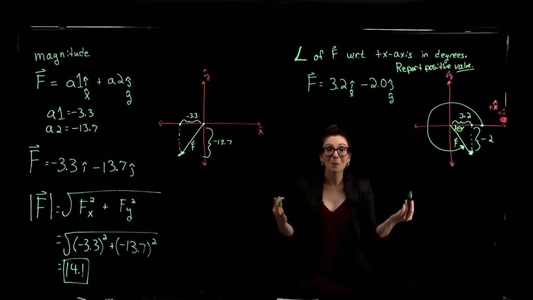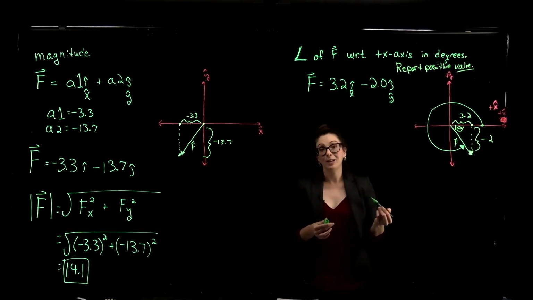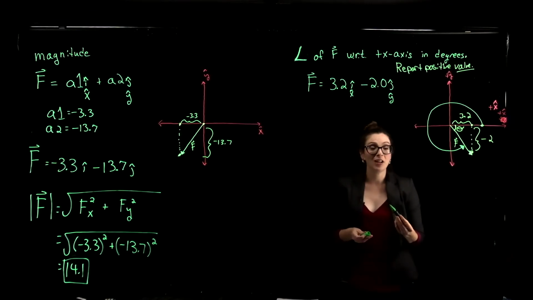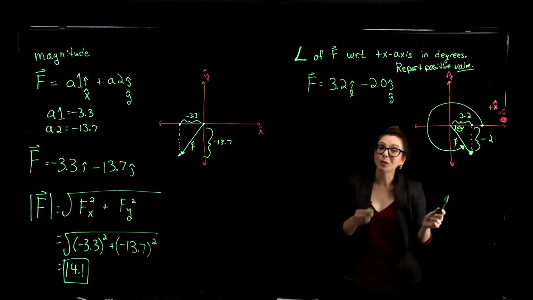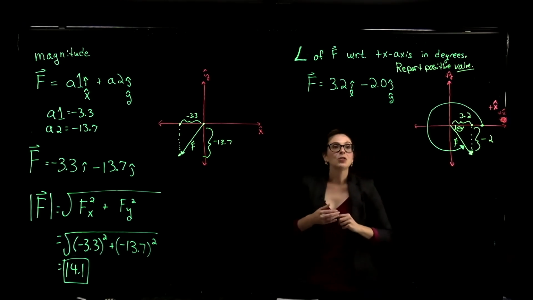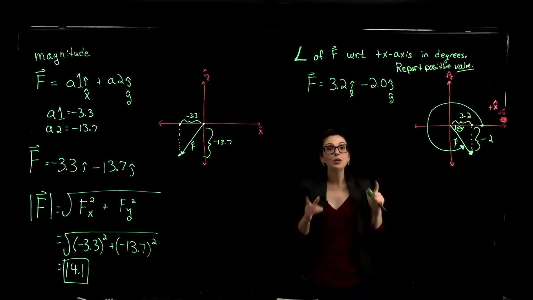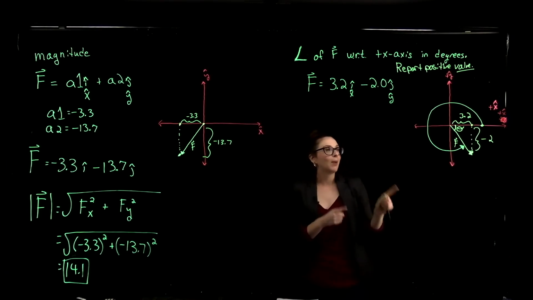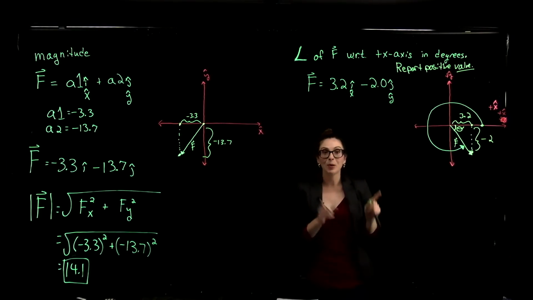It's going to be bigger than 180 degrees, a large angle, but not quite 360, because 360 would be going all the way around. So in order to report our angle with respect to the positive x-axis in degrees, we want the positive value of that angle.